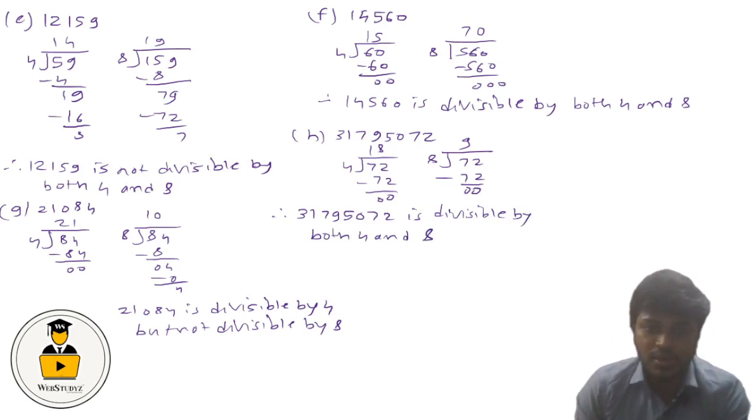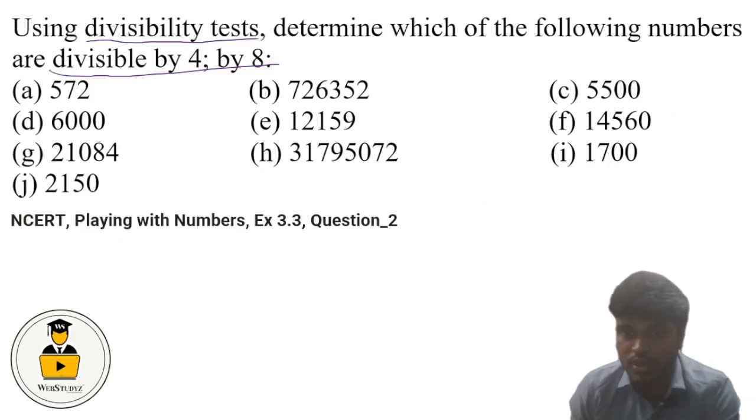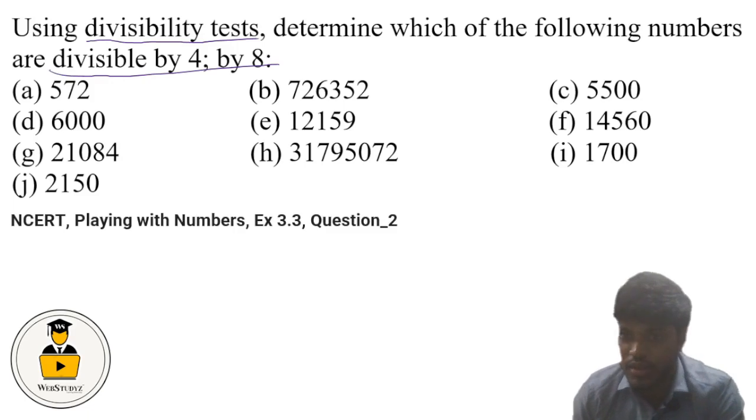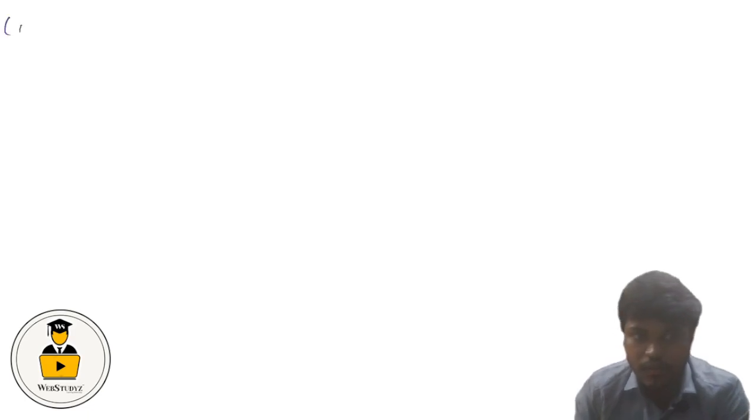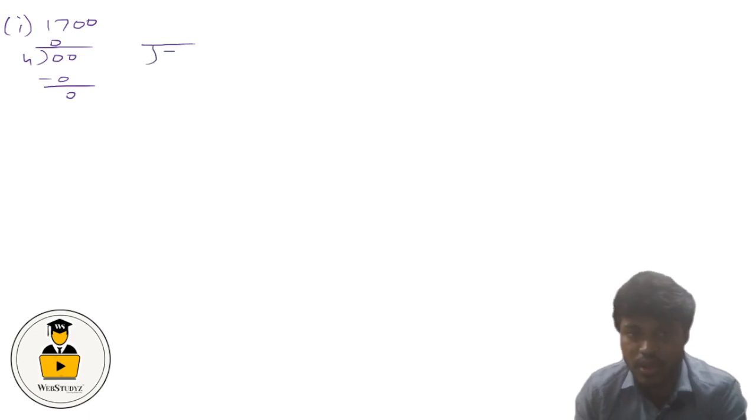Now let us consider the next example. So it is 1700. So for 4 we have 00, so it is divisible by 4, and for 8 we have 700. So we can say that 8 eights are 64. So we are left with 6 and 0.